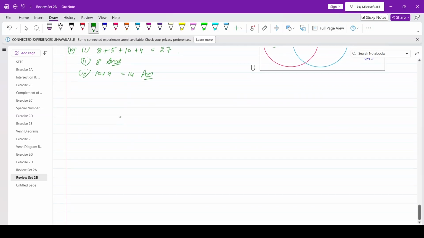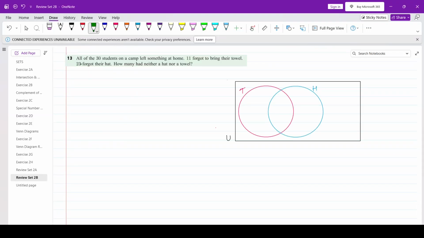Let's go to the next question. All of the 30 students on a camp left something at home. 11 forgot to bring their towel. So number of students who forgot their towel is 11. 23 forgot their hat. So number of students who forgot their hat is 23.